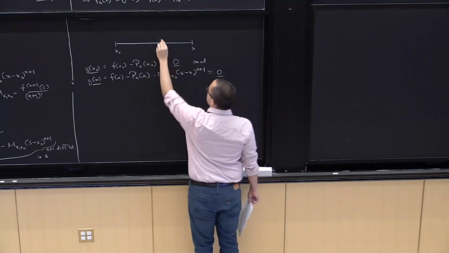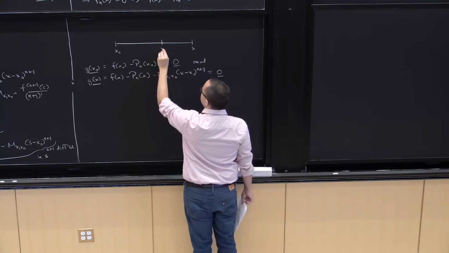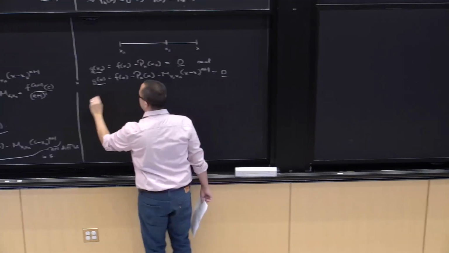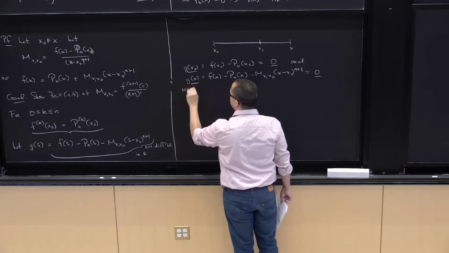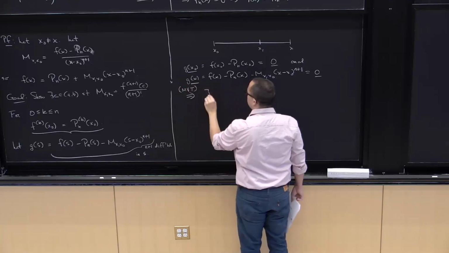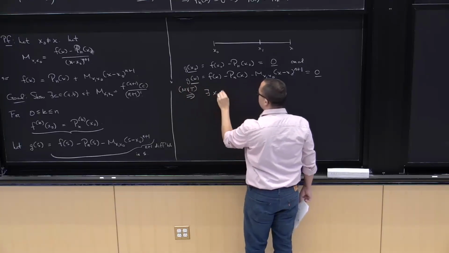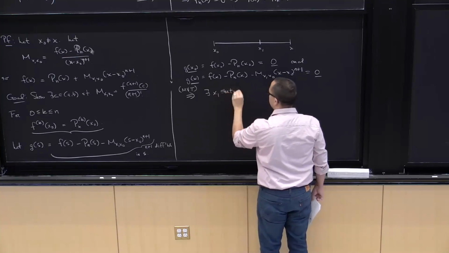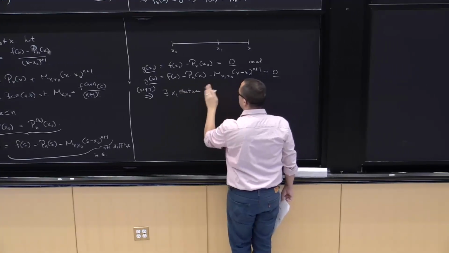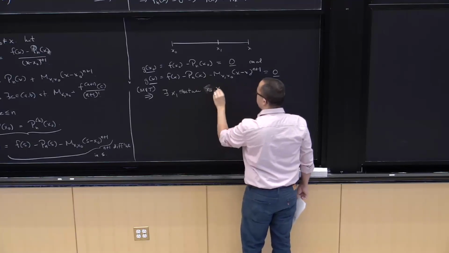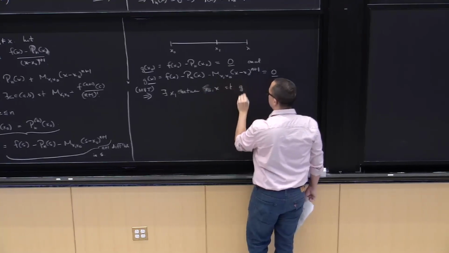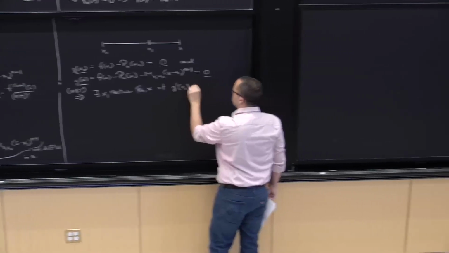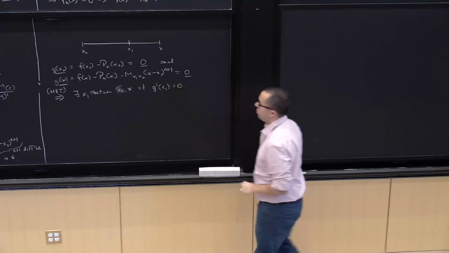So by the mean value theorem, or Rolle's theorem, there exists a point x1 between x0 and x such that g prime of x1 equals 0.